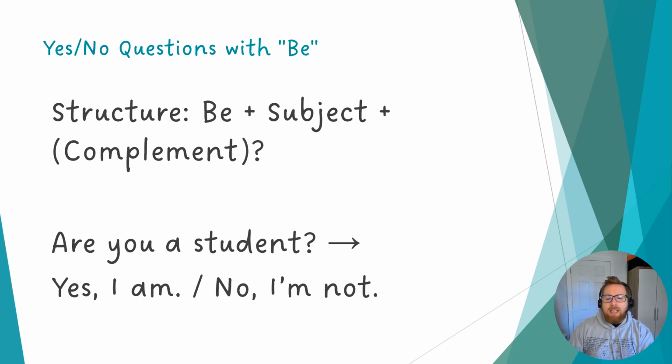Now, we're looking at yes-no questions with be. So when we're talking about be, what's the structure? We have be plus the subject and then a complement. So an example of this, let's get the pen out.